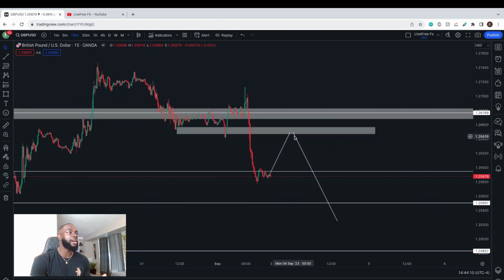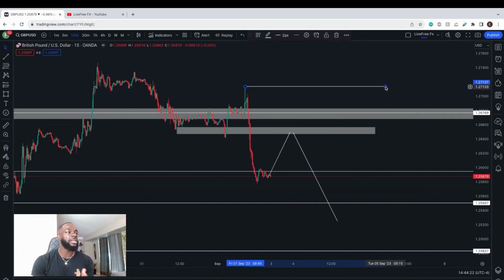And we know that if price by any means fails to continue moving lower, until price does this, let's say breaks this high, we're not going to be buying.